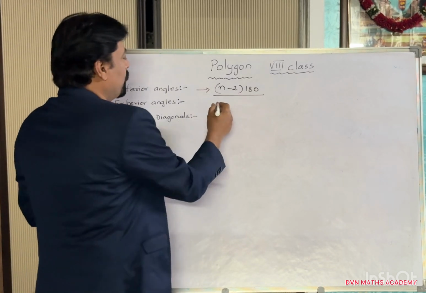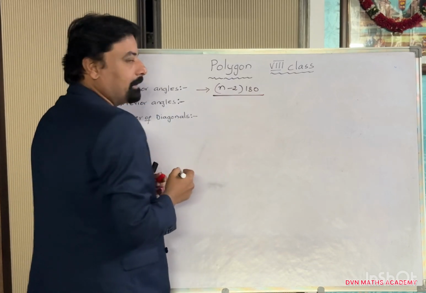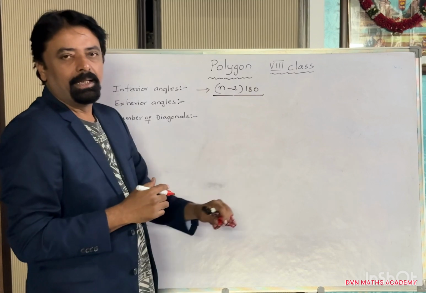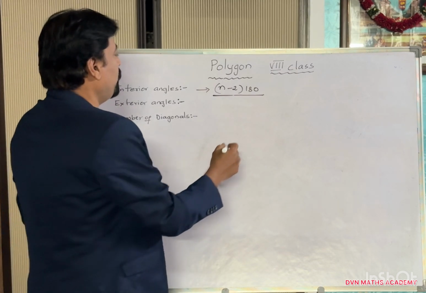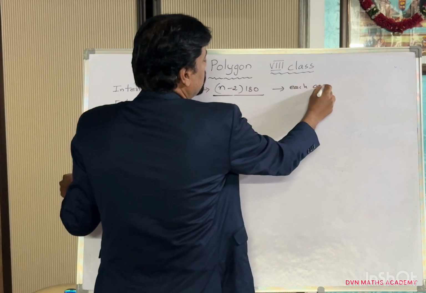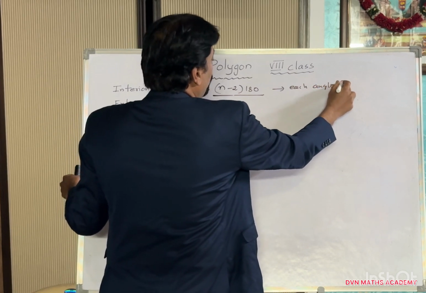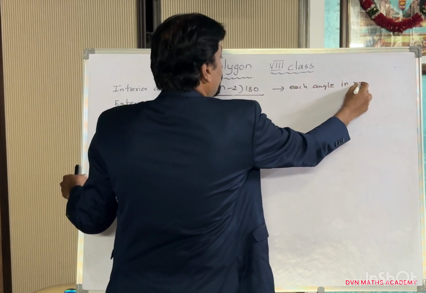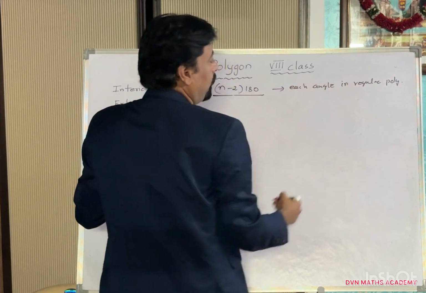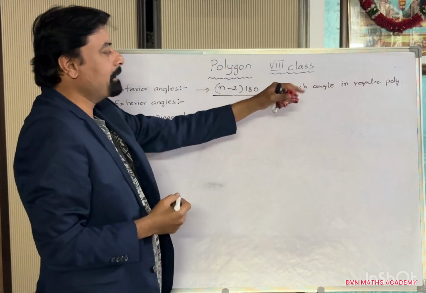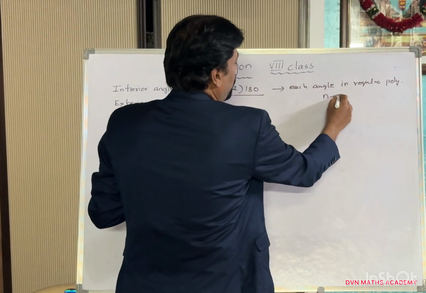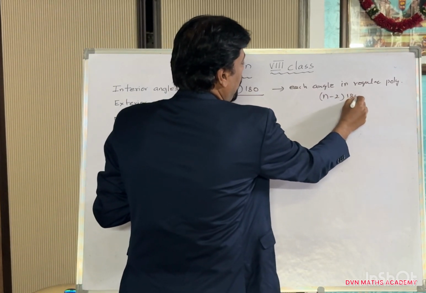You know that the sum of interior angles of a polygon is (n minus 2) into 180 degrees. Now we require to write the formula to find each angle in a regular polygon. The simple formula is (n minus 2) into 180 by n.